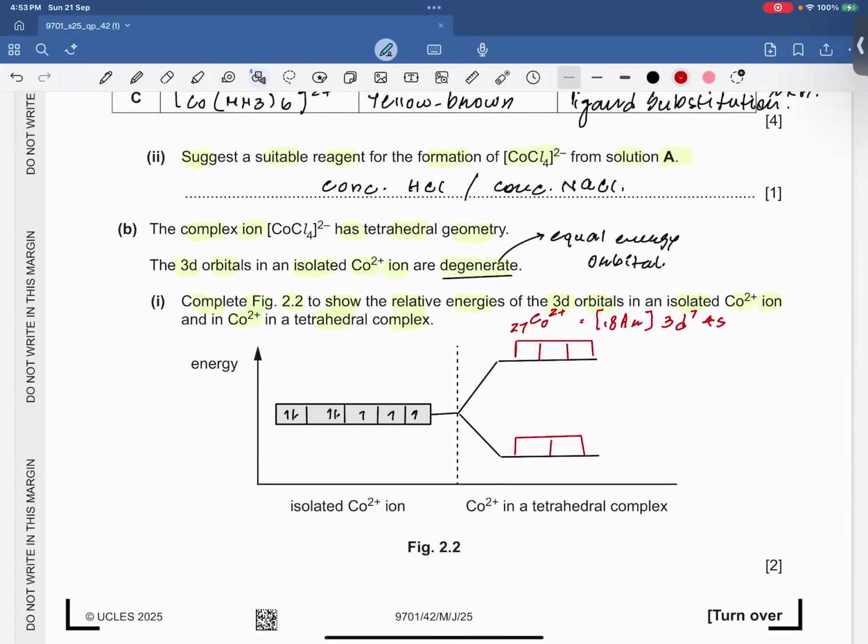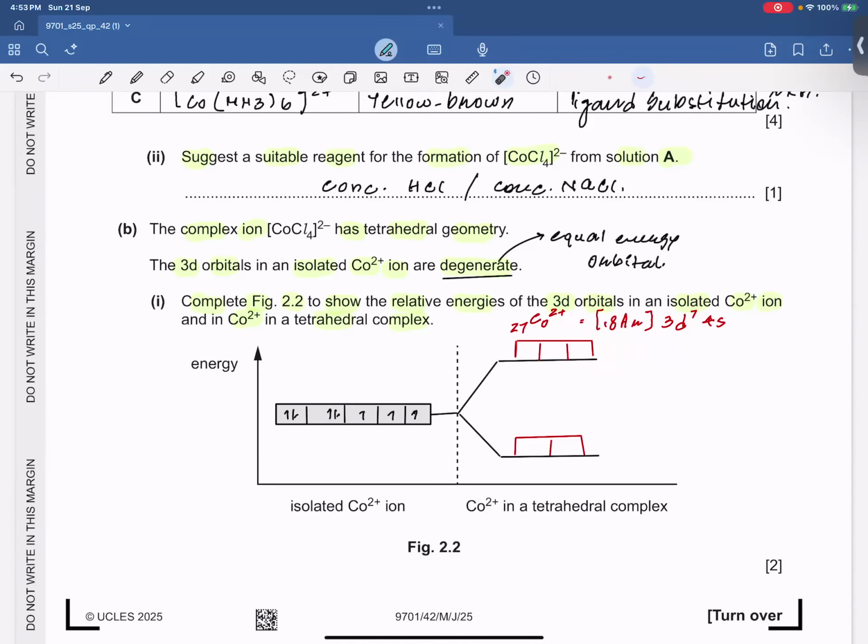Let me distribute the electrons. I need to distribute 7 electrons in these d orbitals, right? Okay, so we don't need to distribute the electrons technically. We just need to draw the d orbitals like this.